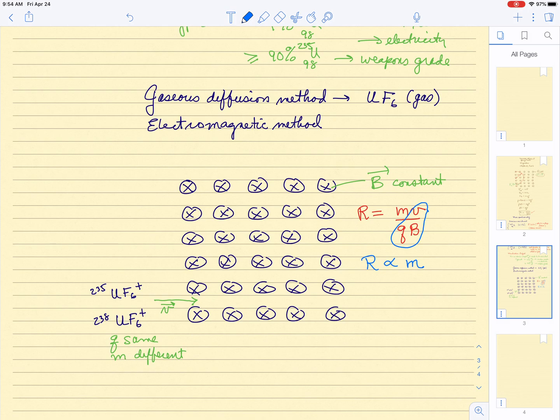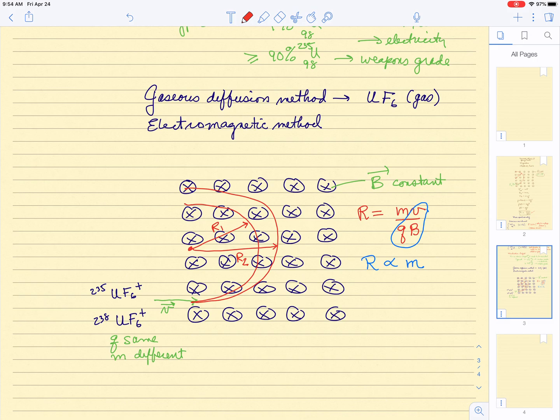So these would trace out two circular paths. One, two. Here's radius 1. Here's radius 2. Now the radius is proportional to the mass.